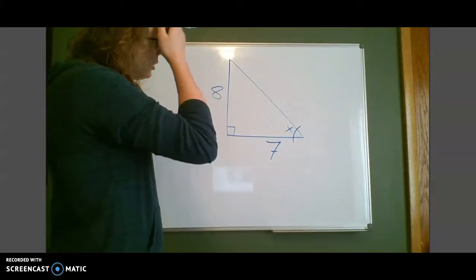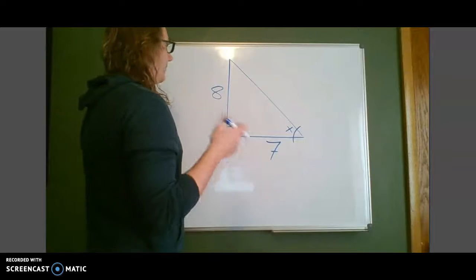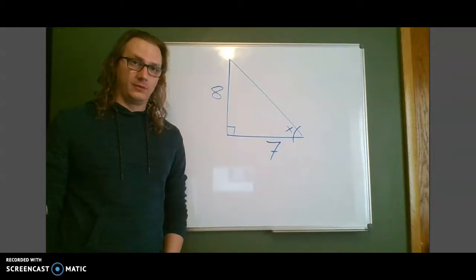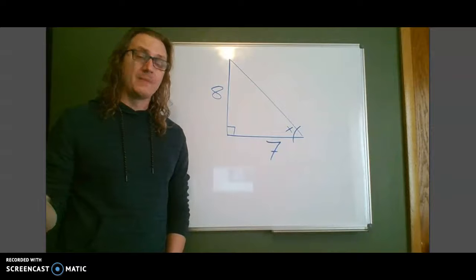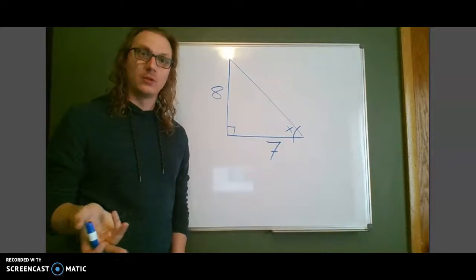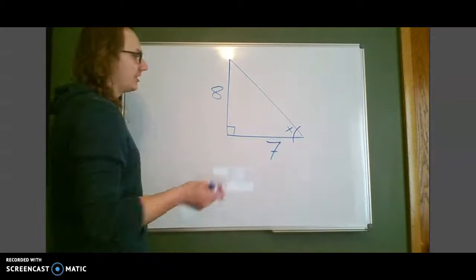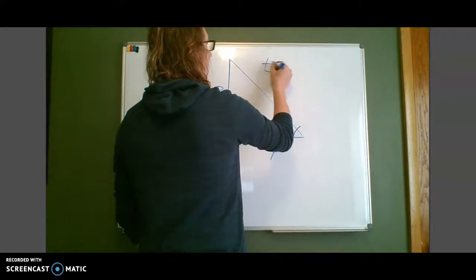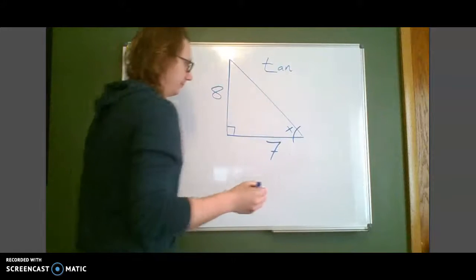All right, so looking at this, I'm going to write the same equation that I've been writing for the last week. Okay? The equation doesn't change. What changes is our unknown. So what the variable is. So this is still, because it's opposite and adjacent, and you're only using tangent today, it will still be tan.